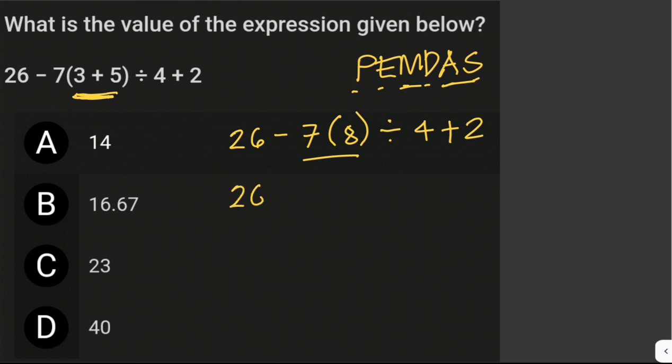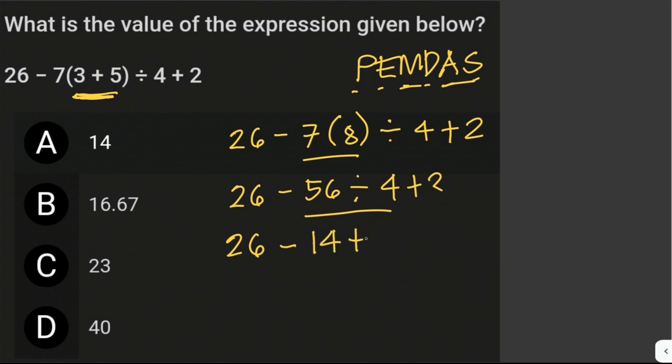So this is 26 minus 7 times 8 is 56 divided by 4 plus 2, and next is this one, 56 divided by 4. So this is 26 minus 14 plus 2, and now we can perform the rest.